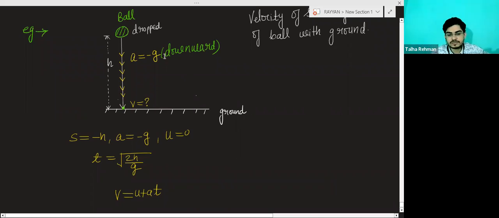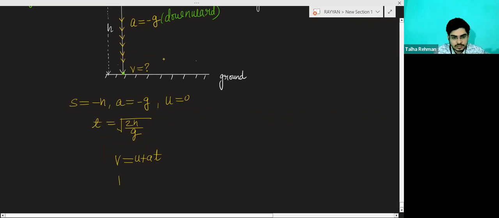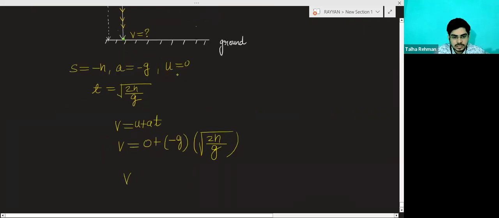Dropping the ball means the initial velocity is 0. So final velocity v equals initial velocity 0, plus acceleration minus g, times time, root of 2h/g. Now the final velocity will be minus g times root of 2h/g.